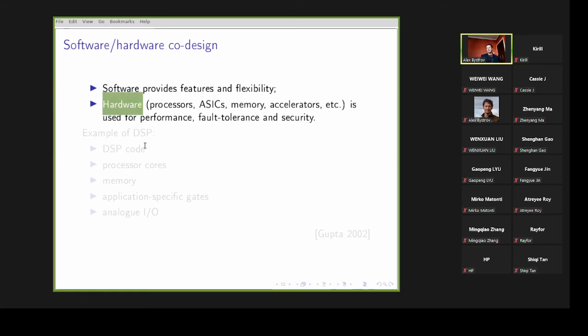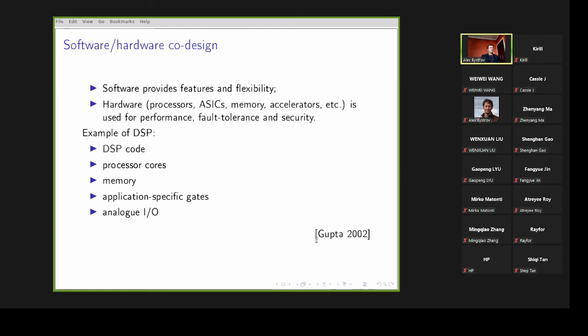Hardware is extremely efficient in terms of energy, power, and so on. But it is not good with features and flexibility. Right. So in the class today we have software specialists doing the embedded systems course and hardware specialists, microelectronics. You should appreciate both points.